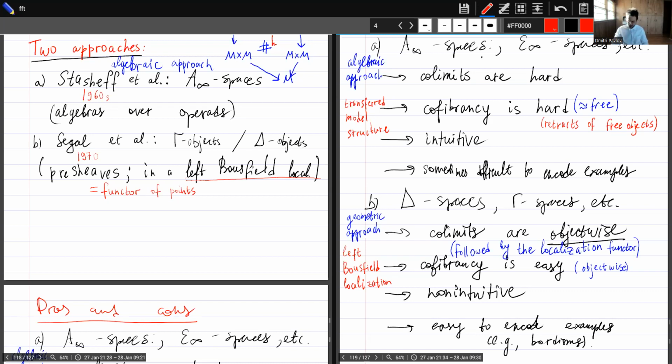So for example, you would have a model category of infinity spaces, and it would admit a right adjoint, the forgetful functor to spaces. Whatever your model for spaces is, for example, you can take simplicial sets with the Kan-Quillen model structure, or you could take topological spaces with the equivalent Serre model structure.